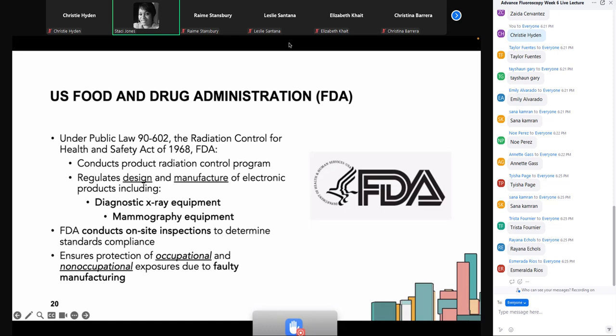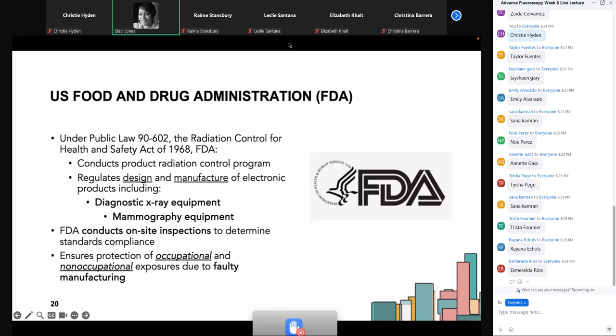You have to do a lot of QC with mammography equipment. If it fails so many times, the inspector has to come in, and if it ultimately does not pass, they can shut your whole mammography program down. So the FDA does not play. They conduct on-site inspections. If you work in a facility that has mammography, they come in and inspect your equipment and your QA and QC books.